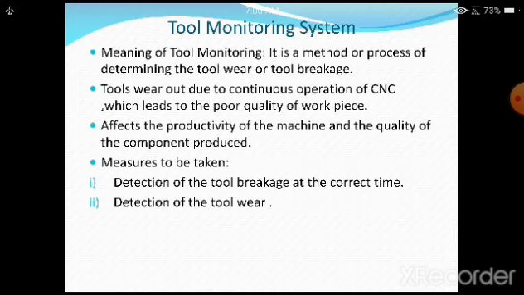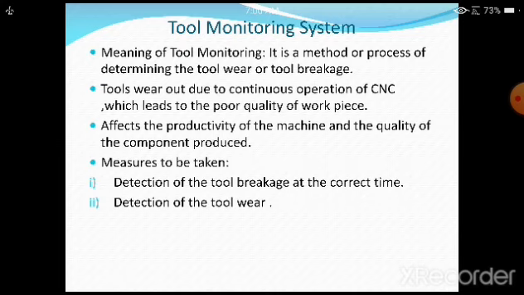These two things have to be observed properly by an operator. Tools wear out due to continuous operation of CNC, which leads to poor quality of the workpiece. That itself represents a problem in the tooling system. It affects the productivity of the machine and the quality of the component produced.